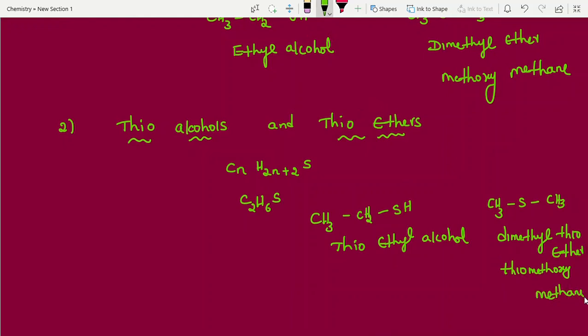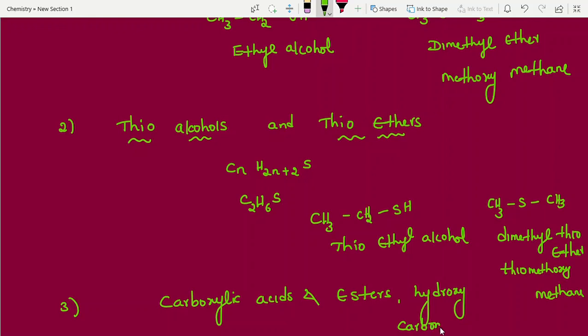Now the next one, the third category: carboxylic acids, esters and hydroxycarbonyl compounds.